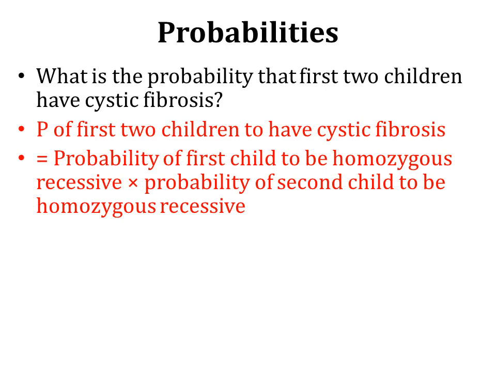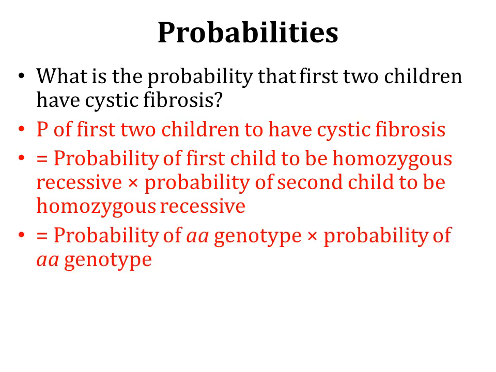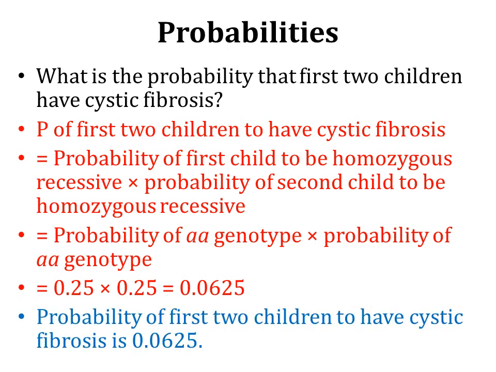We multiply those individual probabilities because we are talking about two consecutive events. So 0.25 multiplied by 0.25 gives 0.0625. So the probability of the first two children to have cystic fibrosis is 0.0625.